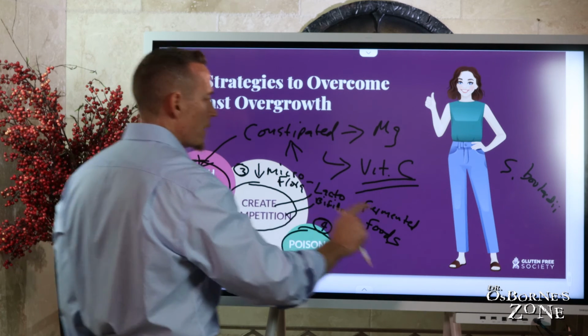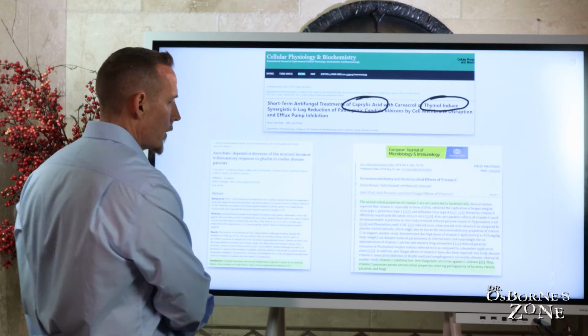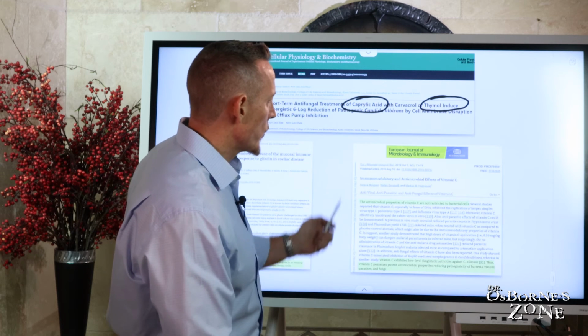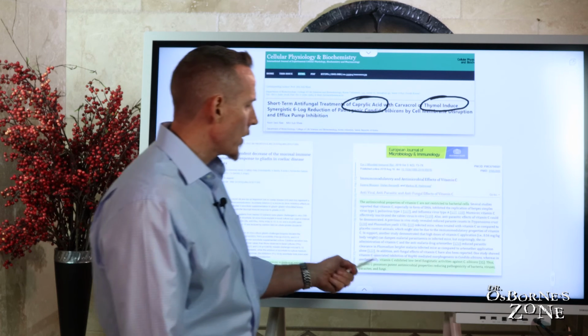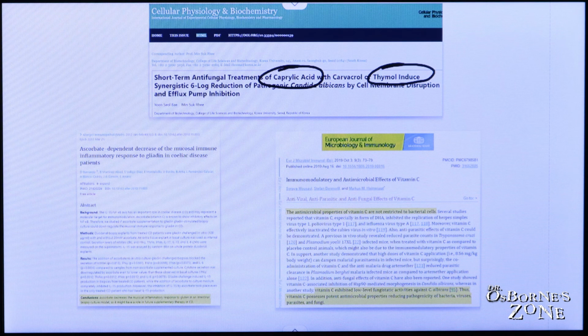Vitamin C does the same thing, but here's why I like vitamin C better if you suspect you have yeast overgrowth: vitamin C has all these wonderful immune properties. You can see here, vitamin C exhibited low-level fungistatic activities against Candida albicans. Thus, vitamin C possesses potent antimicrobial properties, reducing pathogenicity of bacteria, viruses, parasites, and fungi. So vitamin C has all these wonderful properties already, right?